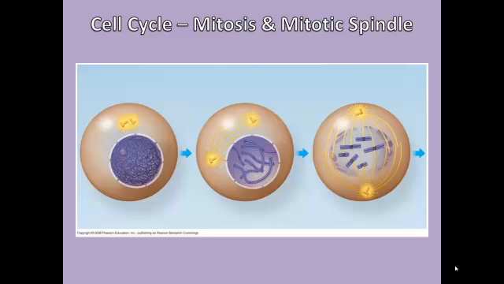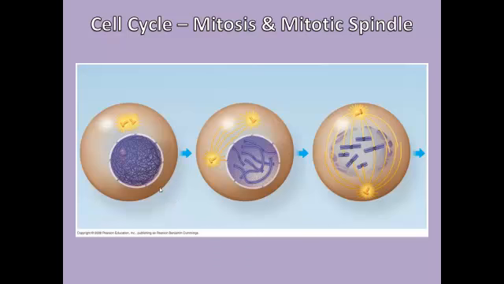Now that we understand interphase a little bit better, let's go over the end of G2 and mitosis in more detail. During interphase, the duplicated chromosomes are unwound, and the genes are being transcribed and translated to make proteins. At this point, the chromosomes are called chromatin.